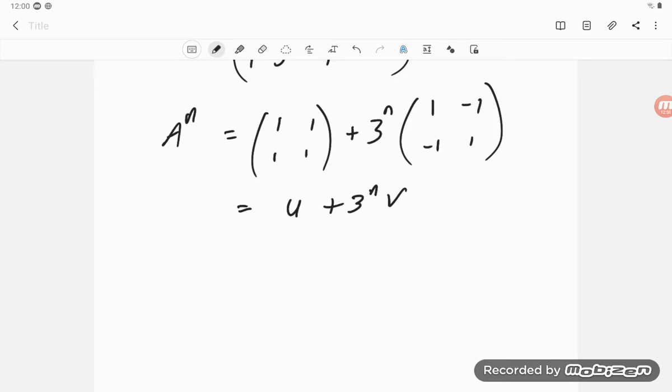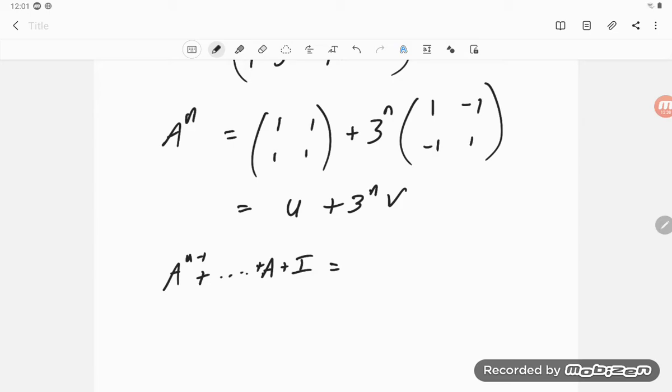Okay, so then they say, well, hence, if I take A to the n minus 1 plus all the way down to A plus I, I get this other expression they have. So now let's look at that. What did they do? Okay, so A to the n is just u plus 3 to the n v.